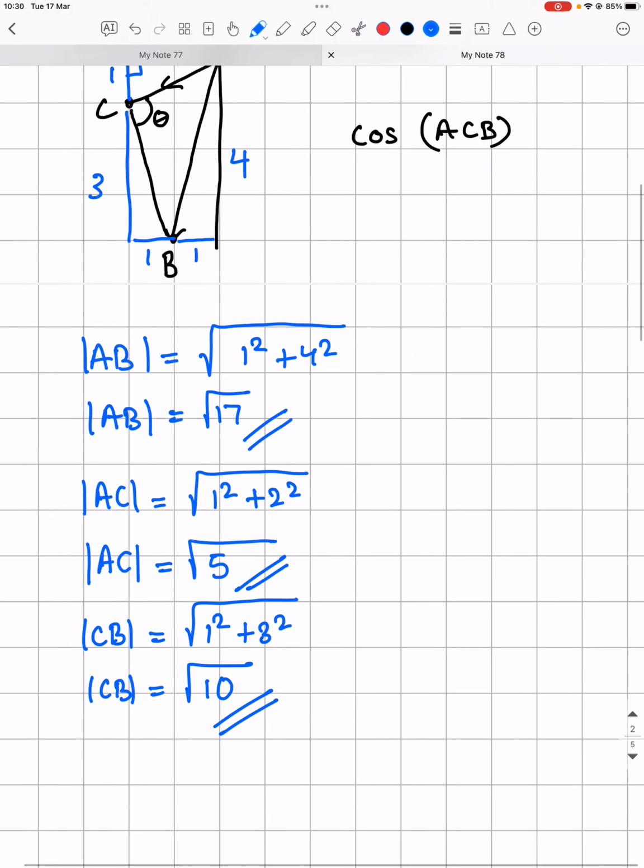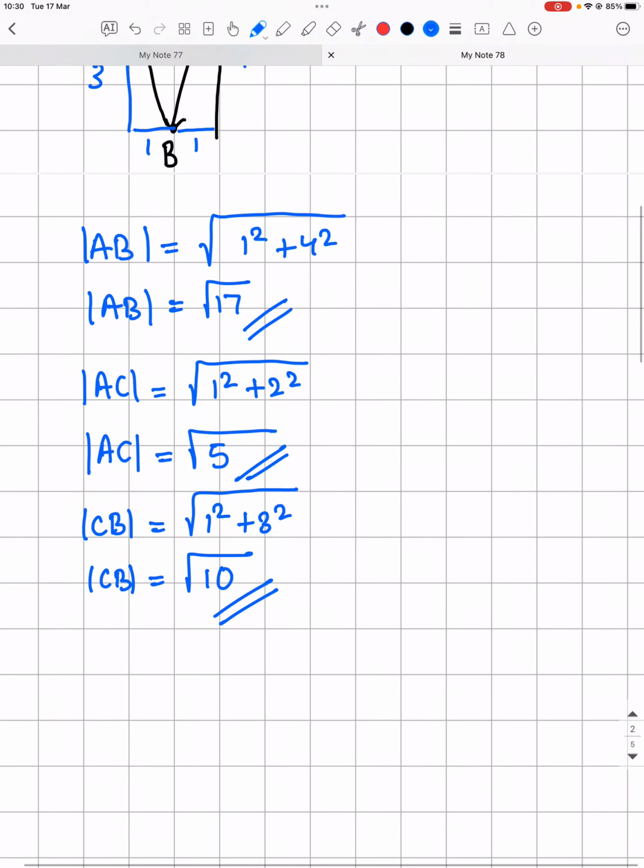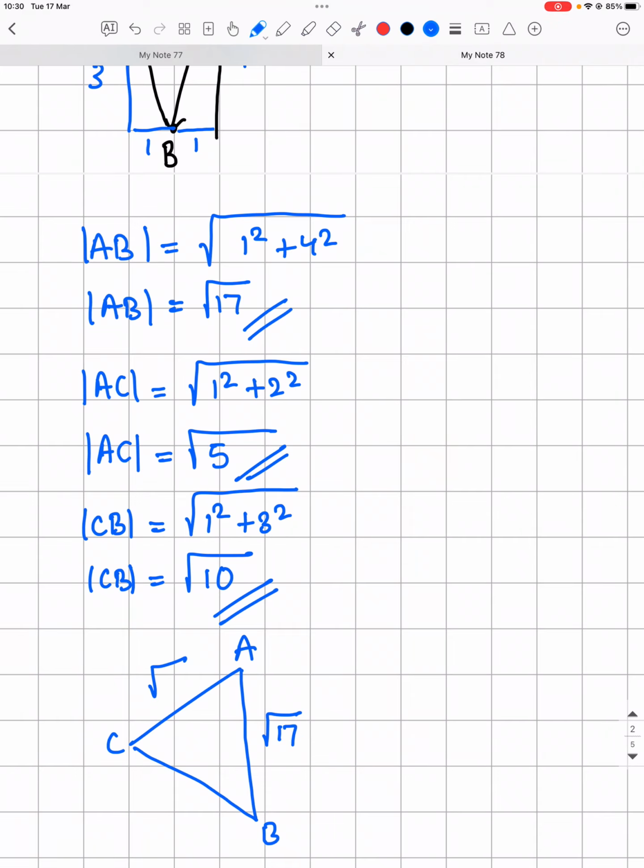So let me extract the triangle and fill in this information. My triangle, just vaguely speaking, looks something like this. This is A, C, B. A to B is the square root of 17. A to C is the square root of 5.